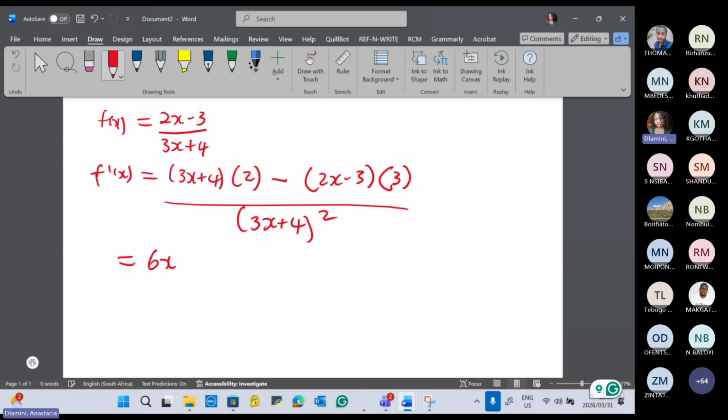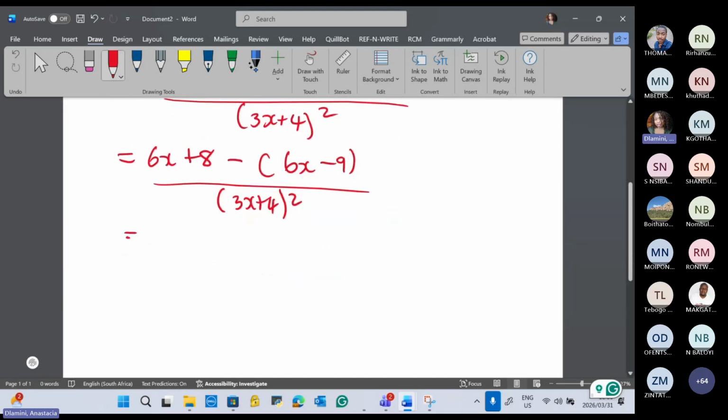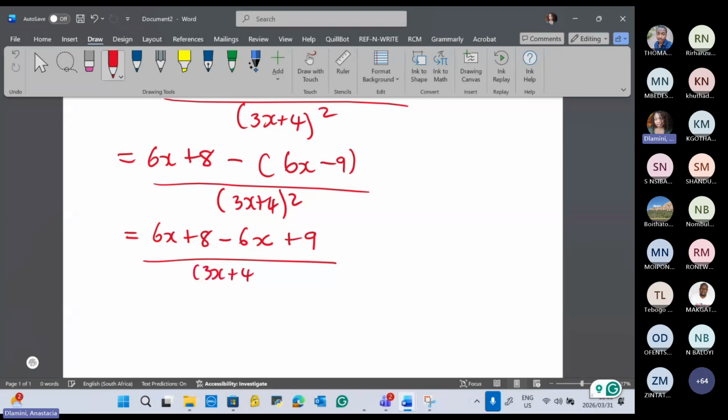So we have 6x plus 8 minus 6x minus 9 over (3x plus 4) squared. So this is equal to 6x plus 8 minus 6x plus 9 over (3x plus 4) squared.